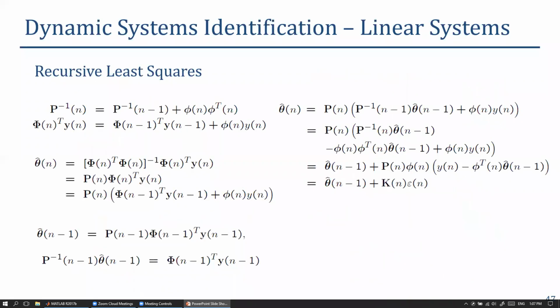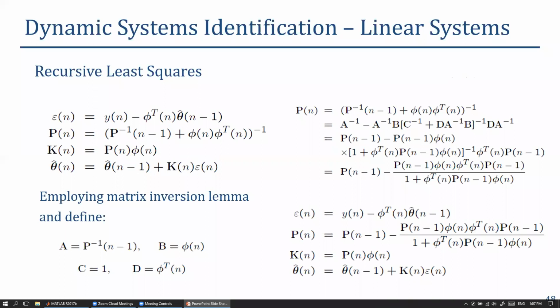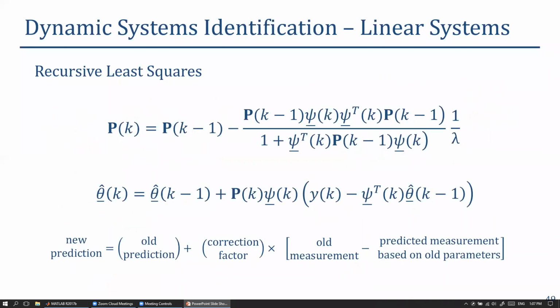What is important at the end is the matrix P. In this case, it's called the covariance matrix. The matrix P is the one that we want to update, and the update rule is written here.